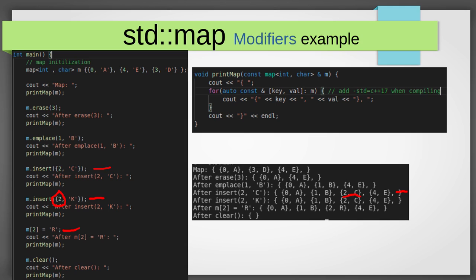This will change the value of the key to r. Here you see the value of 2 is changed to r. m.clear will clear all the elements in the map, and now the map is empty.